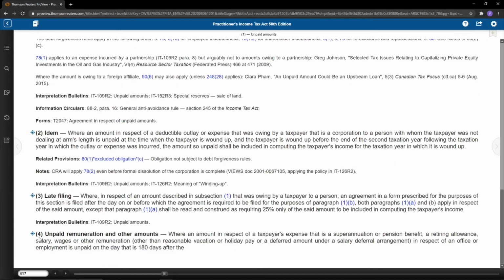This leads us to section 78, subsection 4, unpaid remuneration and other amounts.